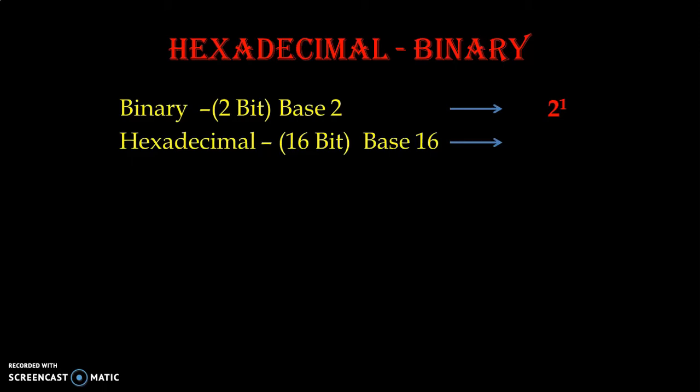The base for the hexadecimal can be written as 2 raised to power 4, that is 2 multiplied by 2 multiplied by 2 and multiplied by 2. So 2 to the 4, 4 to the 8 and 8 to the 16. So from this comparison, we can identify that hexadecimal number is 4 times greater compared to our binary number.